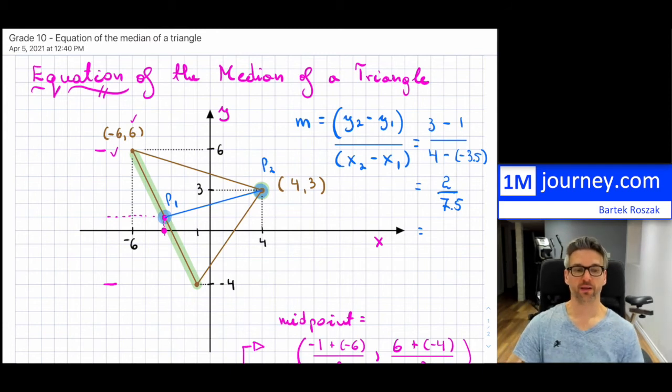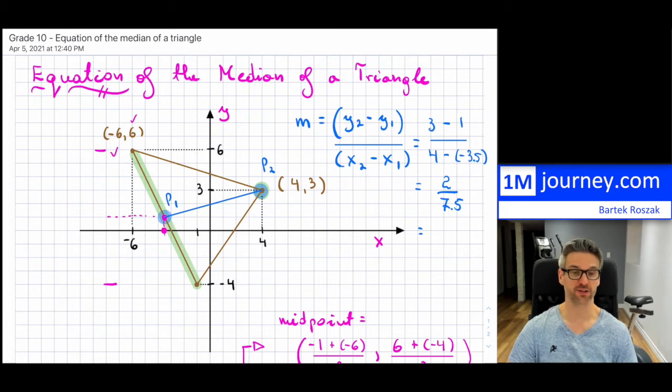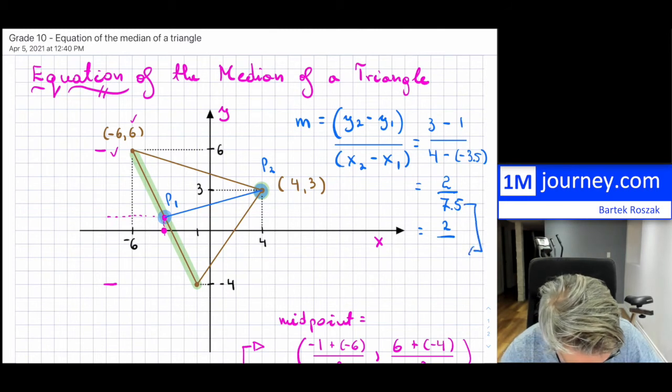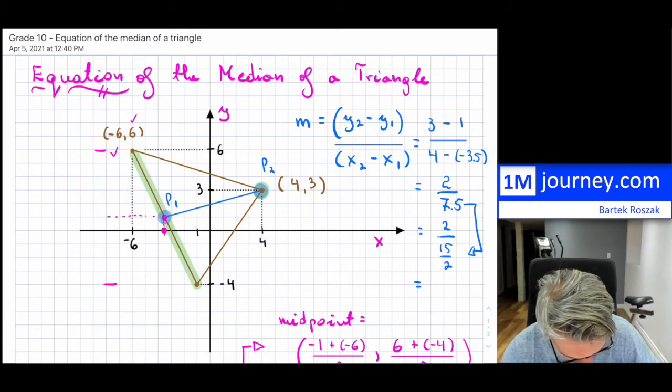Now, because it's 2 over 7.5, you can divide it and it's going to give you a decimal. You can probably just change it back into fractional form, so it looks a little bit better. So 7.5 really is the same thing as simply 15 over 2, and this will now look a little bit cleaner.